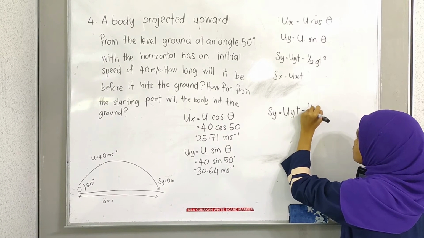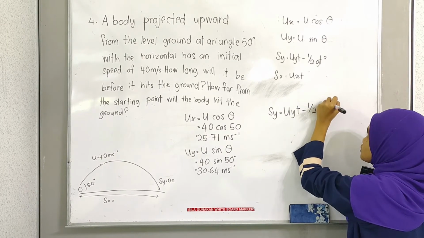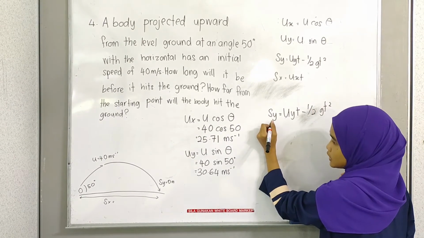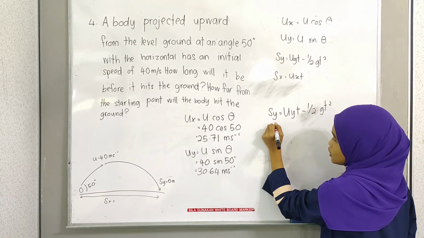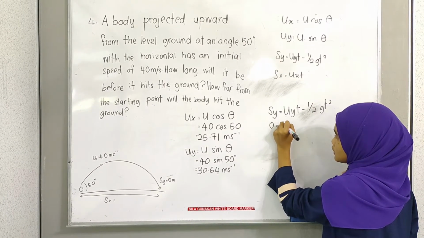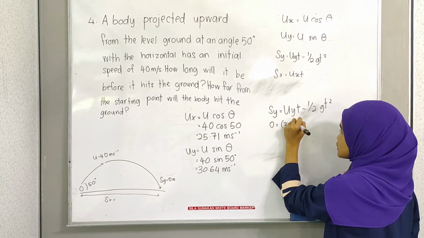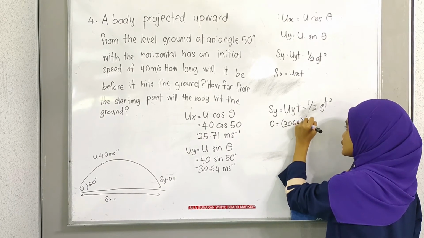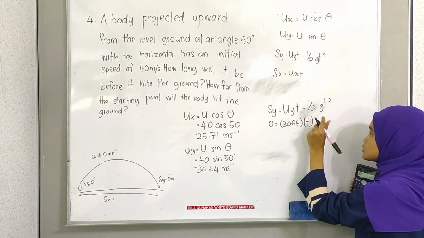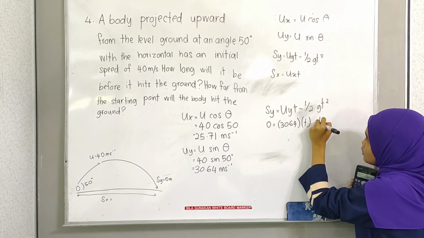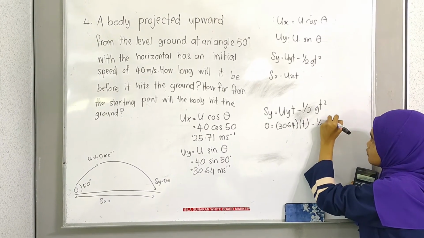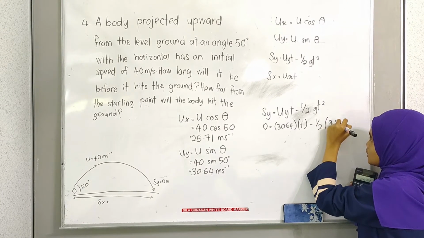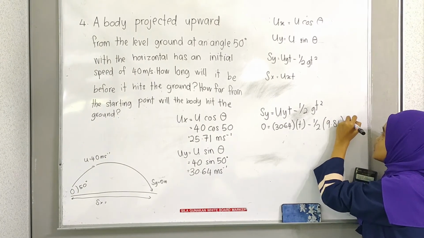Then we need to find the t using the equation sy equal to uy t minus 1 over 2 gt squared, which is sy is 0, uy is 30.64, t minus 1 over 2, given that gravity is 9.81 t squared.